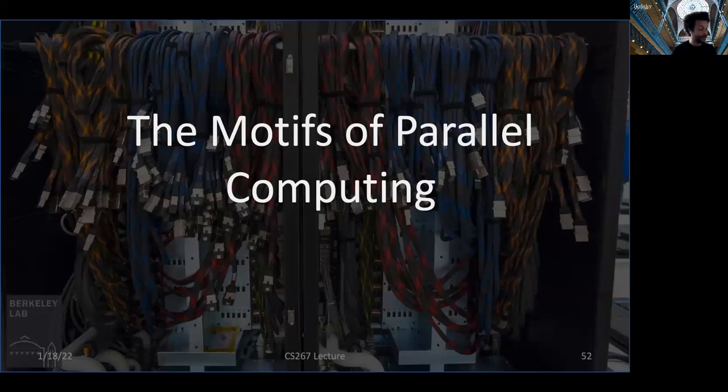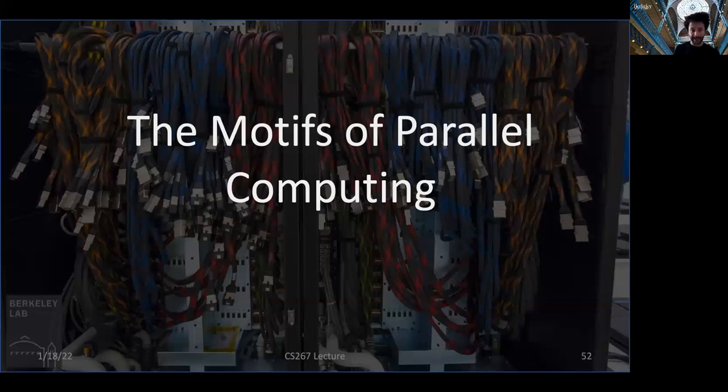You might feel overwhelmed at this point because there's all these complicated applications running on these complicated hardware. How do you even go about getting good performance out of this thing? And how do you keep coming back to a new application, figuring out how to run it on a supercomputer? It seems like a daunting task, and it really is.